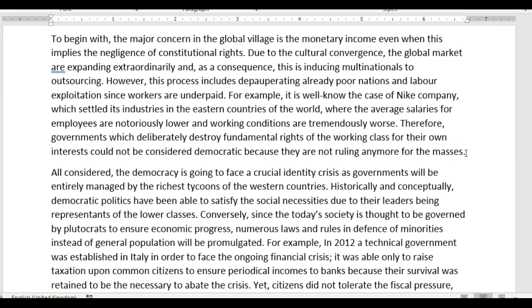Very nice ideas, very impressive complexity. Yet, I have a little thing. This is about politics, and this is about economy.